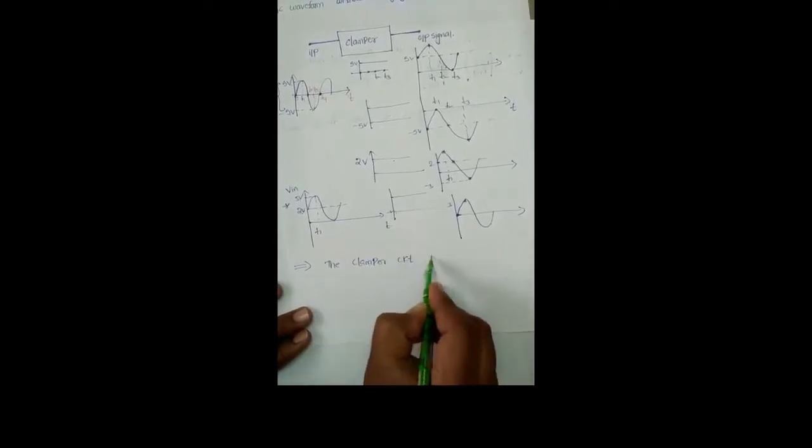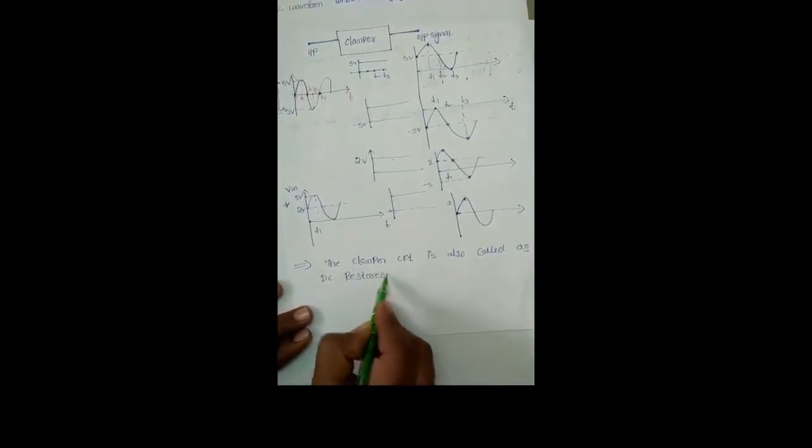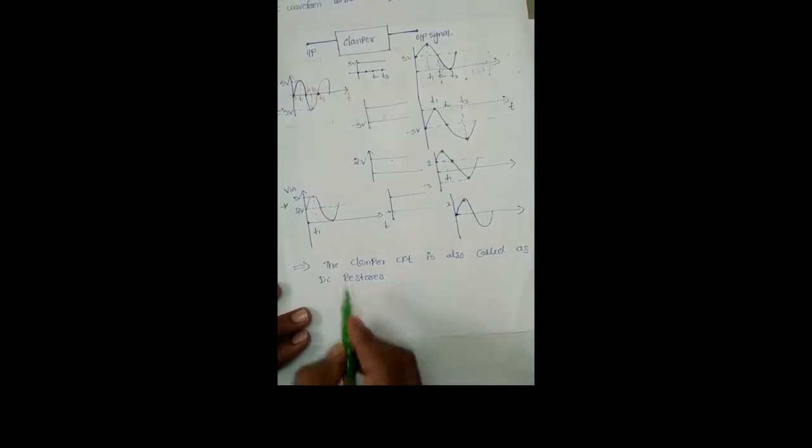That is the reason the clamper circuit is also called a DC restorer. Okay, and sometimes this clamper circuit is also called a level shifter.